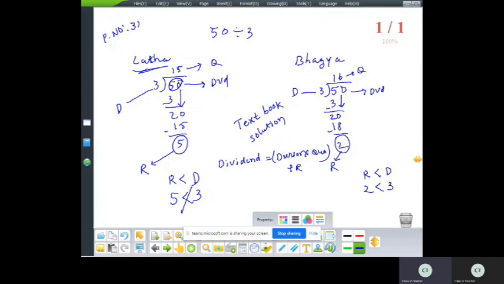This is the solution given in the textbook. According to the condition of division, the remainder is always less than divisor. It is correct. Here, the remainder is not less than divisor, so the solution is wrong. So Bhagya's solution is correct. This is the solution given in the textbook on page number 31. Please concentrate on this division by two methods, one is Lata's, one is Bhagya's.